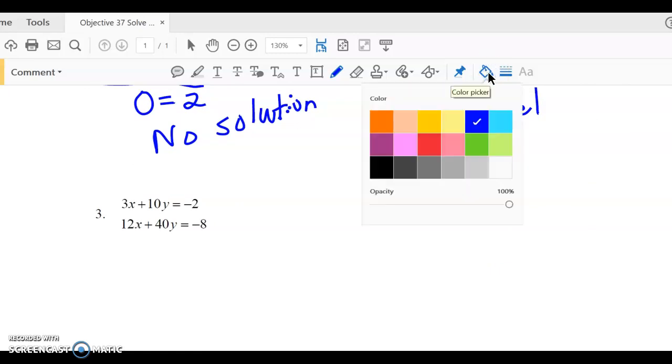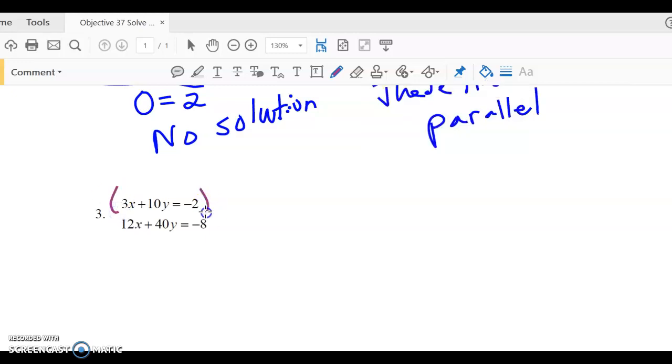In number 3, you'll notice that the x's and the y's are not even close to being opposite values. When this happens, you want to multiply one equation by a number that will make the scenario in number 1 happen, where the x's or the y's end up being opposites. I'm going to take the first equation, because if I multiply the 3x by negative 4, 12 is a factor.